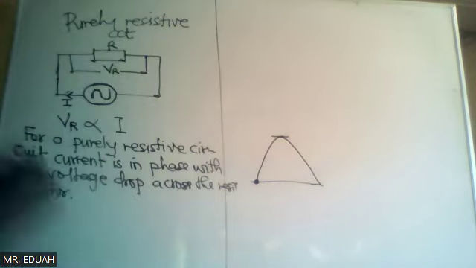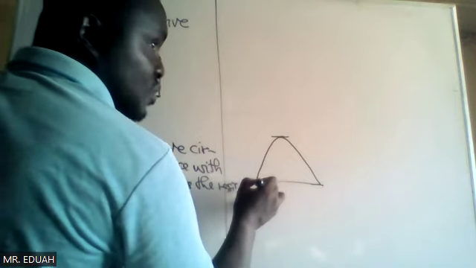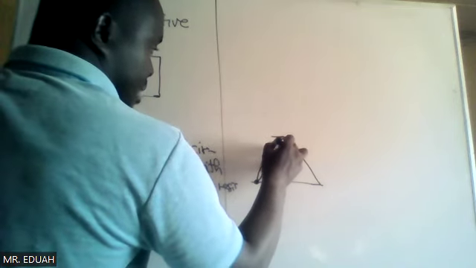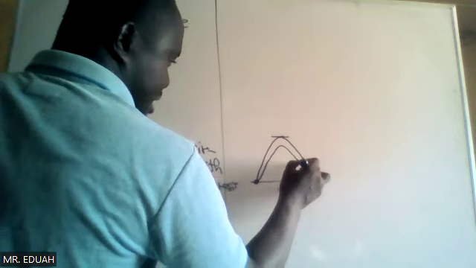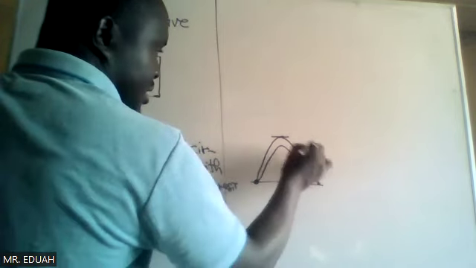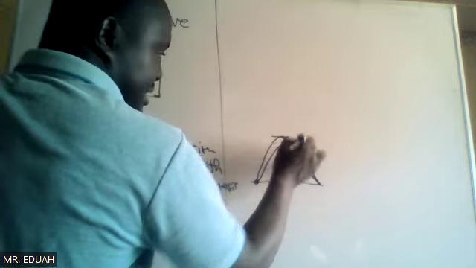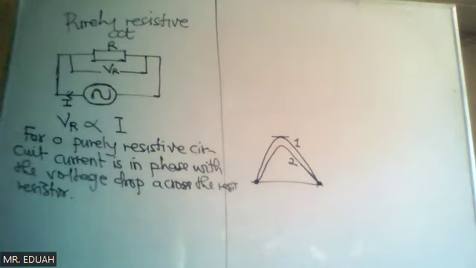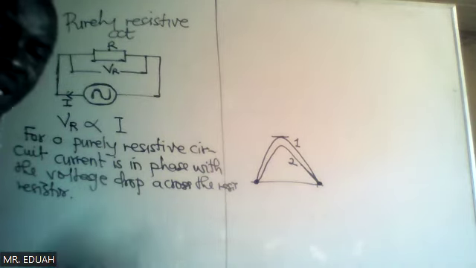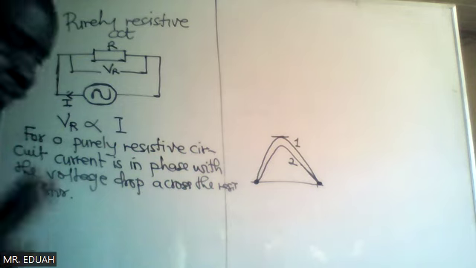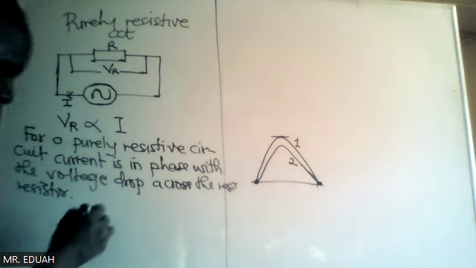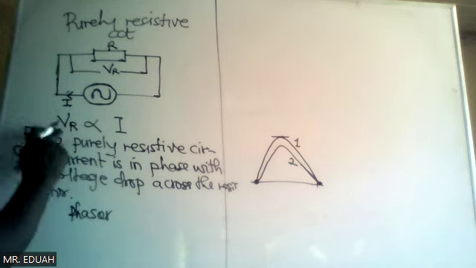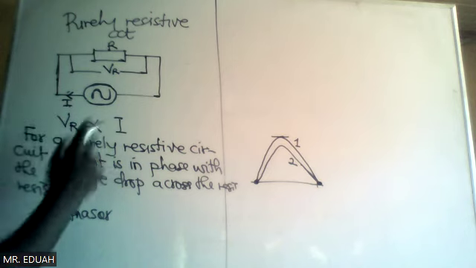The other quantity also starts from the same point, rises steadily, gets to the maximum value, and then drops to 0, just as the first quantity does. So they rise and fall together, and that indicates that the two quantities are in phase. So the phasor diagram of voltage across the resistor and current in phase.